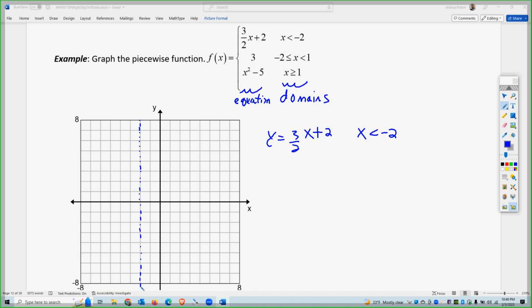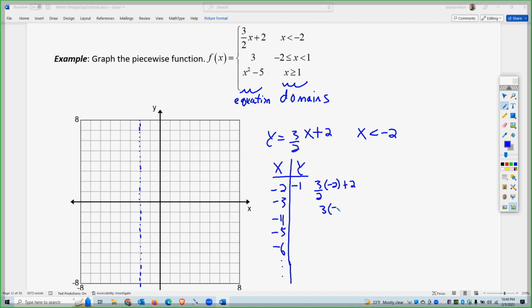So you can do a table of values, x and y, right? And you can do -2, -3, -4, -5, -6, and just keep going forever because it's anything that's less than -2, correct? So if I plug this in, 3 over 2 times -2 plus 2, so that's going to be -3 plus 2 is -1. We'll do the next one here.